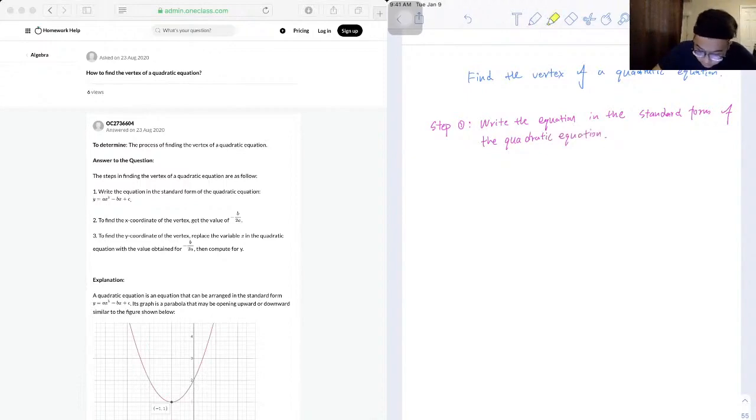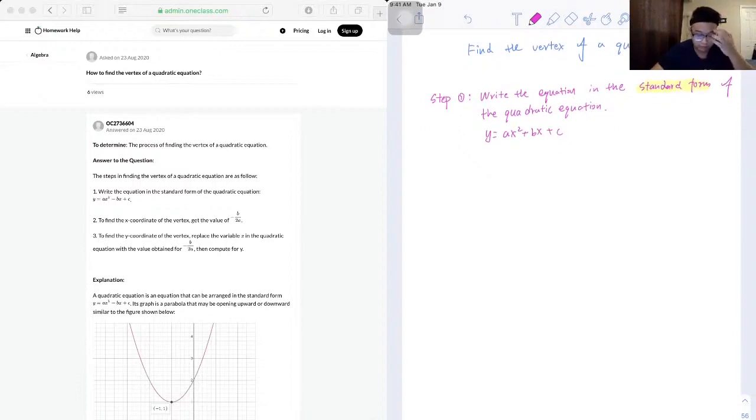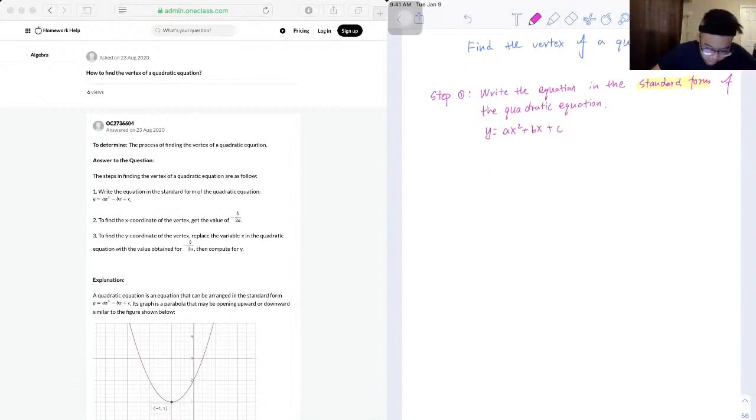The keyword here is the standard form, which is in the form y is equal to ax squared plus bx plus c. Okay, so that's our first step.